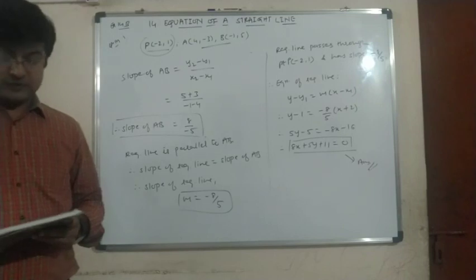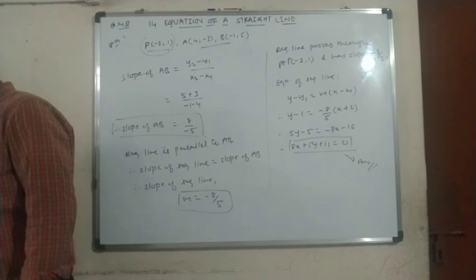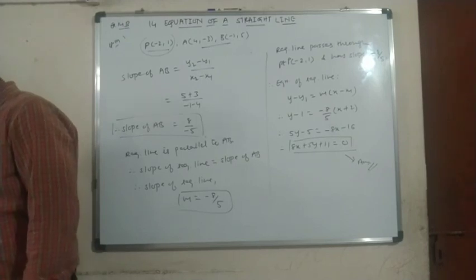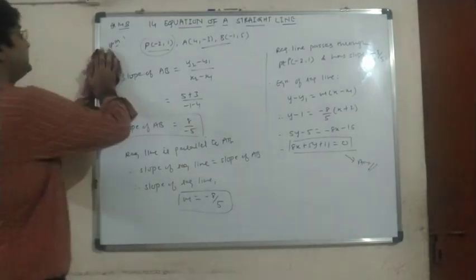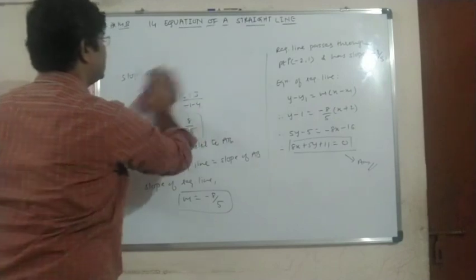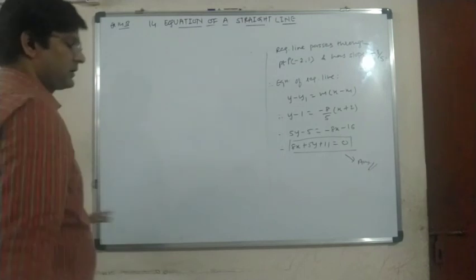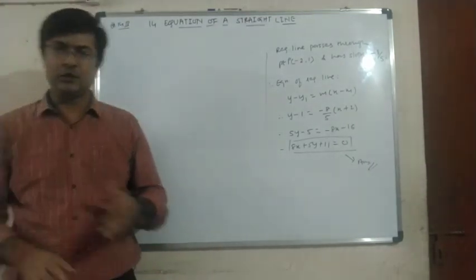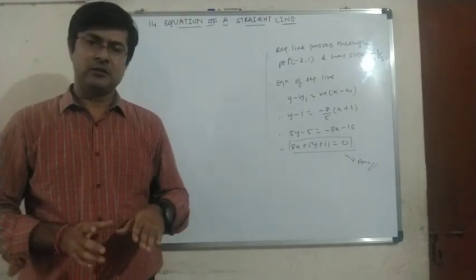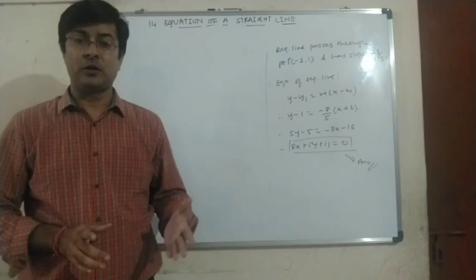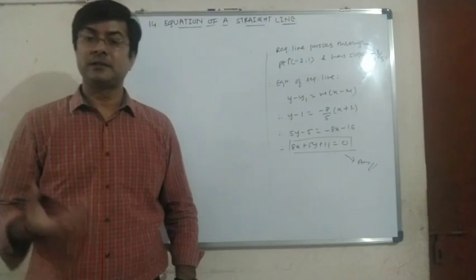Now let us solve question number 15. So far you must have understood that in order to frame the line, we can use any of the various forms we have studied earlier. It may be the slope intercept form, or the point slope form as we have used here, or in some cases the 2-point form.